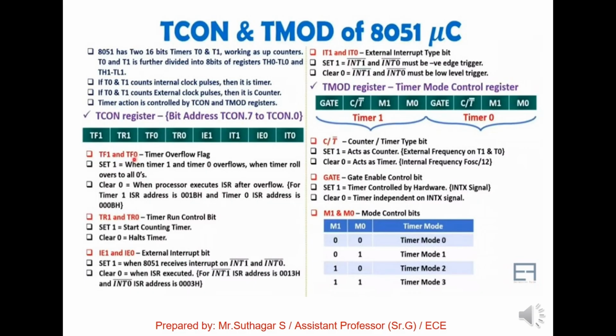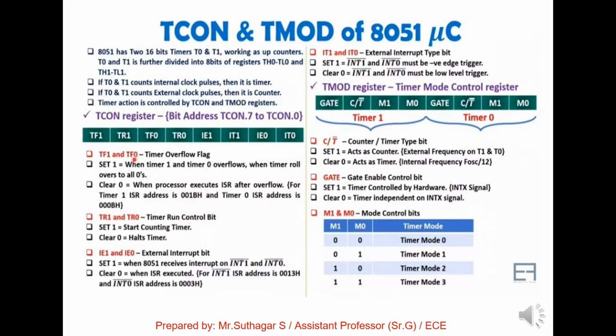And gate enables the control bit, so it will be set to 1 if you have the timer controlled by a hardware signal, which is the INTx signal. You have two hardware interrupt signals over here, INT0 and INT1. If that is the case, your gate will be made 1, or else it will be made 0.